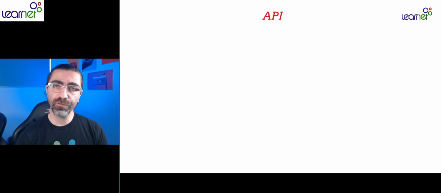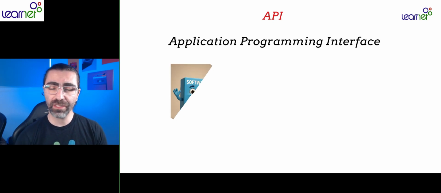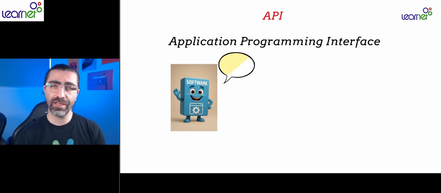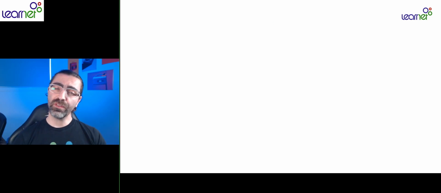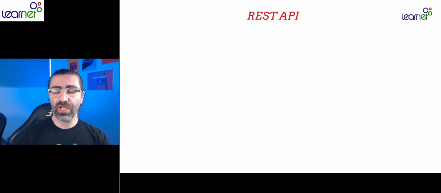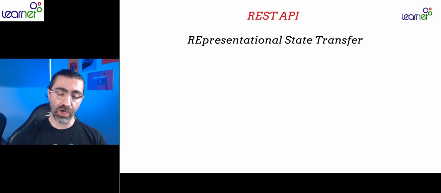As I mentioned before, API stands for Application Programming Interface, and that is something applications use to talk to each other. There are multiple types of APIs, and one of the most famous ones is called REST API. REST stands for Representational State Transfer.